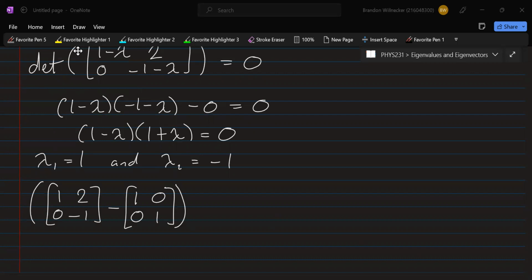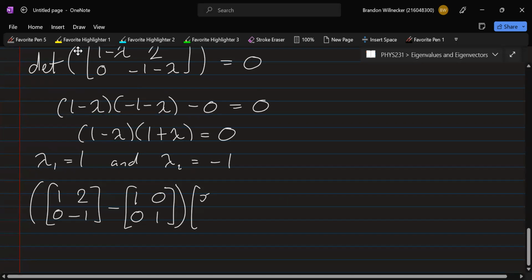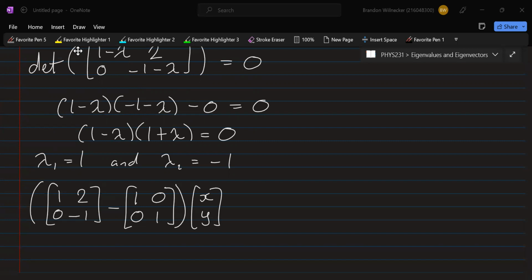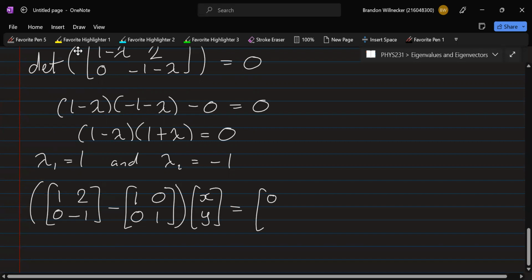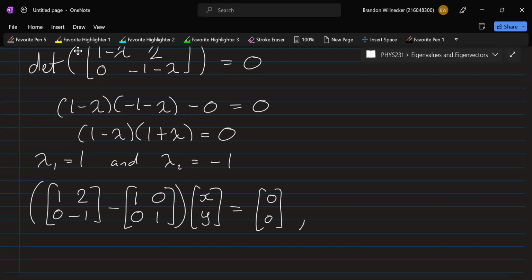Since this is 2 by 2, so we're working in 2 dimensions, we can write it as just x, y. Okay, for some undetermined x, y, we don't know what it is yet. And this must give us the 0 vector, so we can write that as 0, 0. Okay, so the goal is to find x and y.